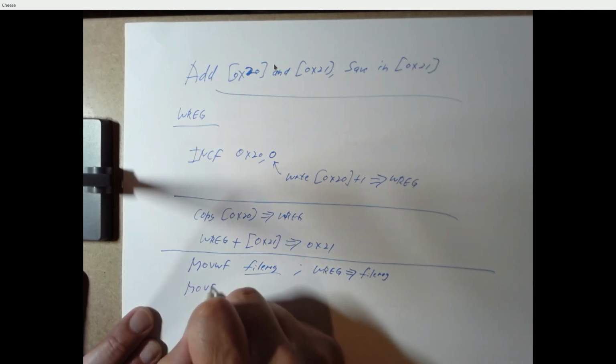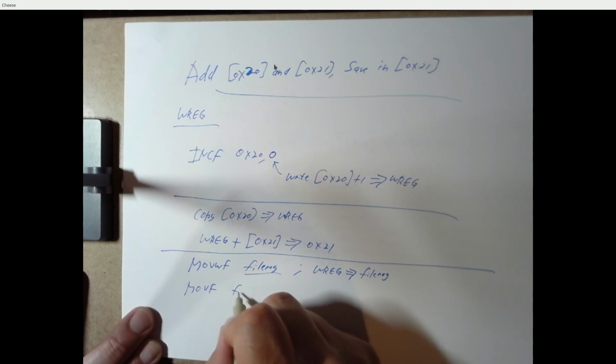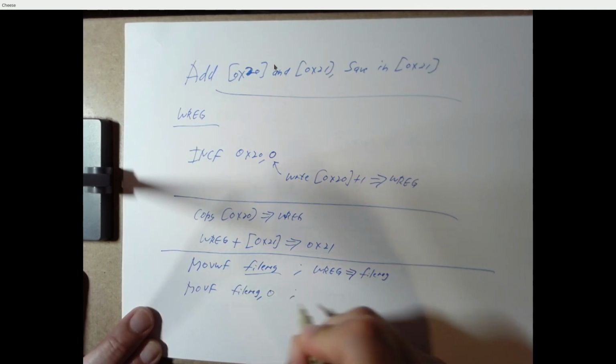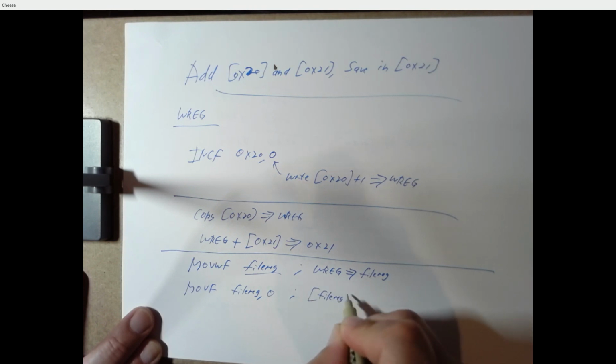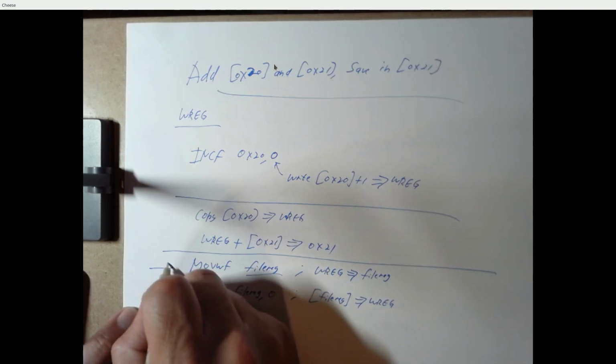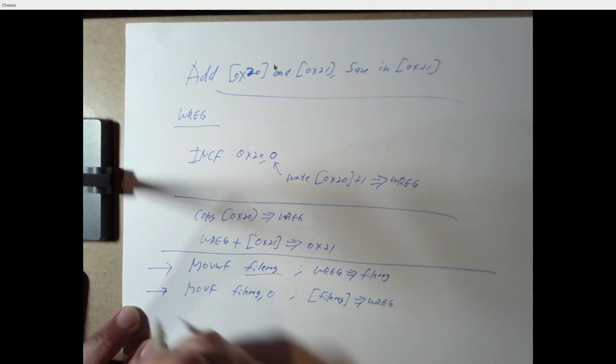The other is move F, file register, comma 0, and this says take the contents of the specified file register and copy it to the W register. So these 2 instructions are going to get used a lot.